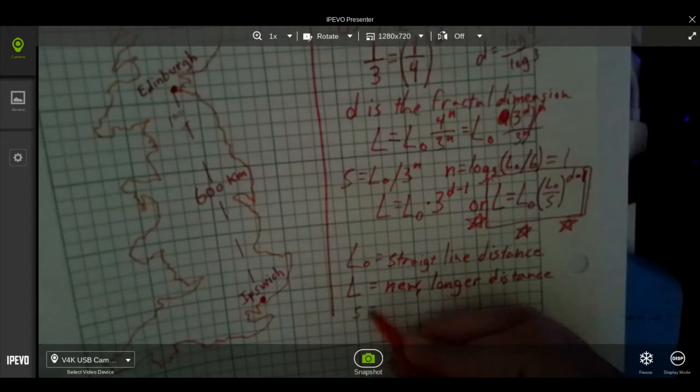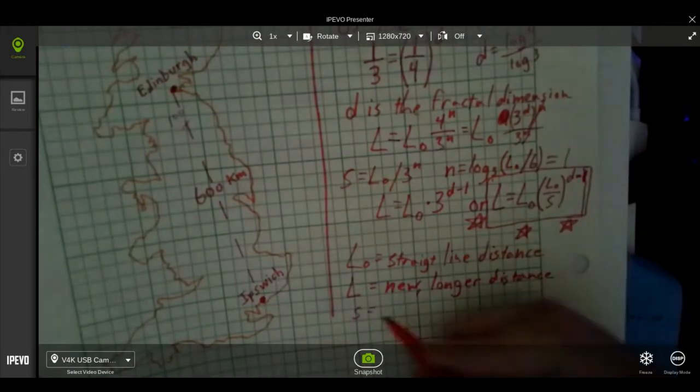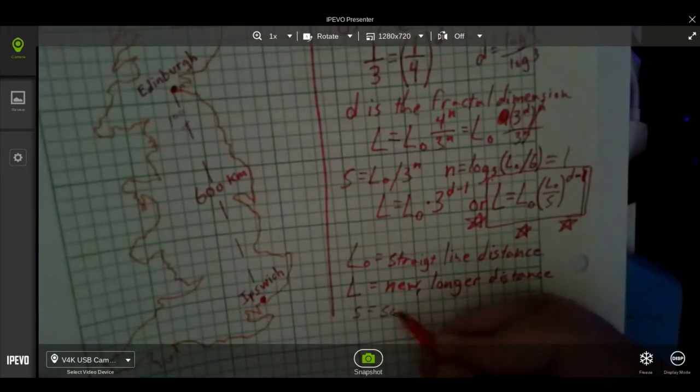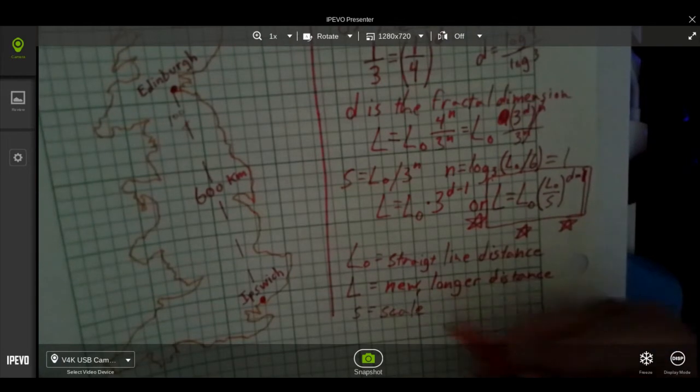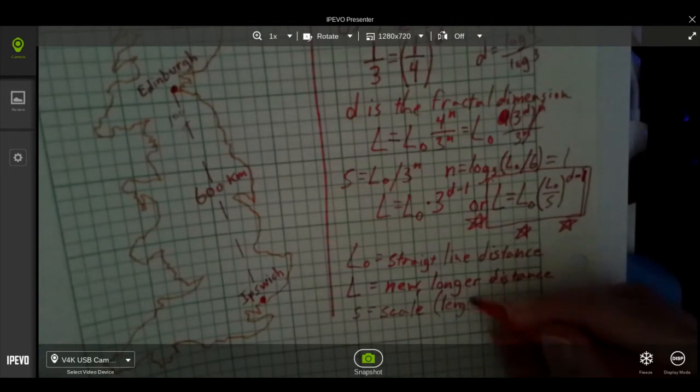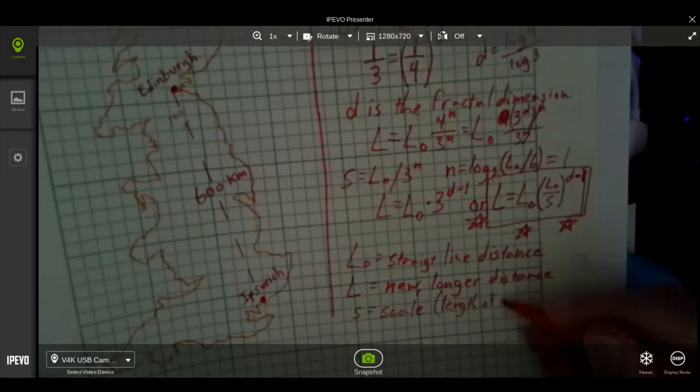And then S, well, that's my scale. So that's the scale. It's the length of your measuring stick.